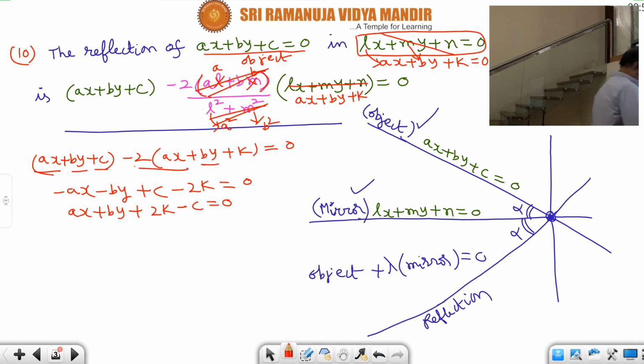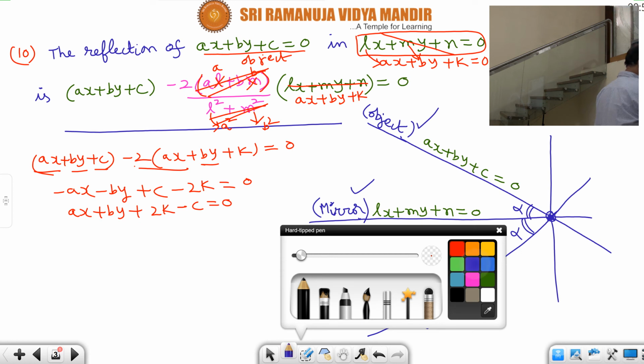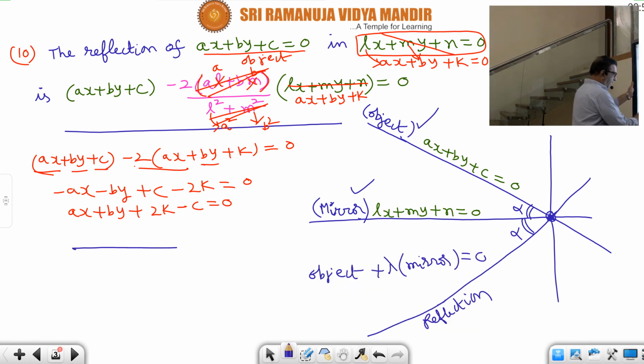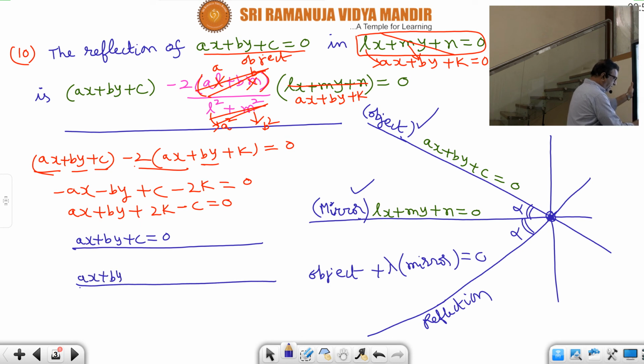Let us see whether it is correct or not. See, like this. Our object line is here, suppose: ax plus by plus c is equal to 0. The mirror line is parallel and it is here: ax plus by plus k is equal to 0.